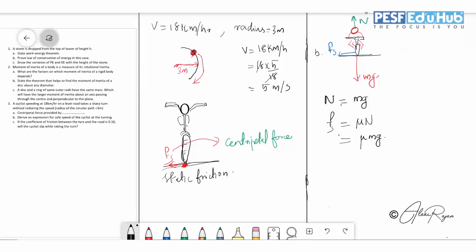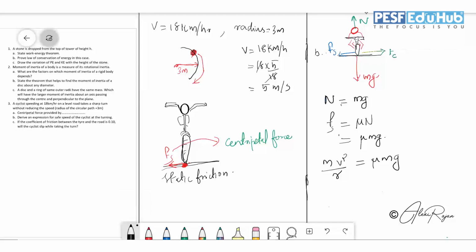Now you know one more thing from the previous case: the centripetal force Fc is mv square by r, where r is the radius, and this is given by mu mg.